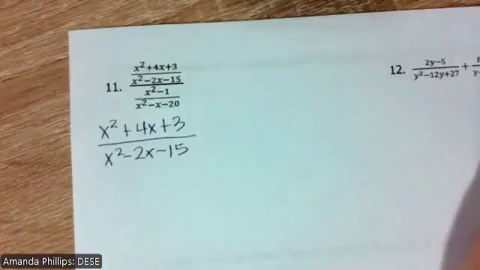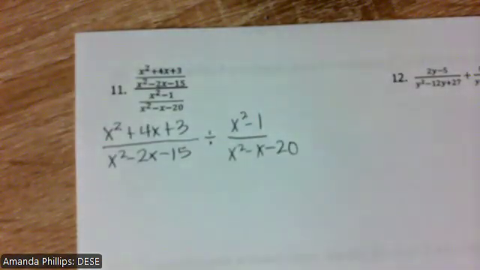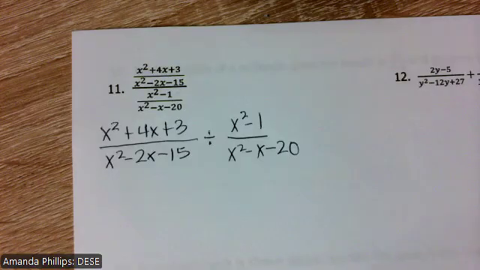So we've got x squared plus 4x plus 3 over x squared minus 2x minus 15 divided by x squared minus 1 over x squared minus x minus 20. Okay, so that's your first step. I haven't done anything. I'm just trying to get it ready in my head so I don't make a mistake.